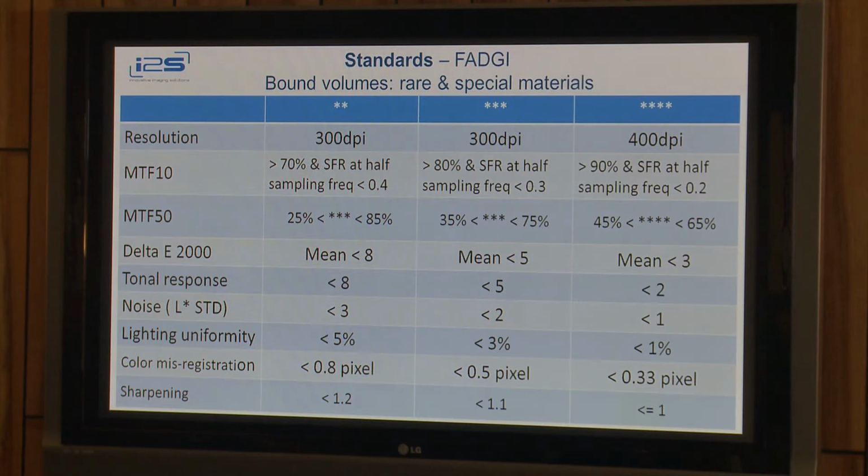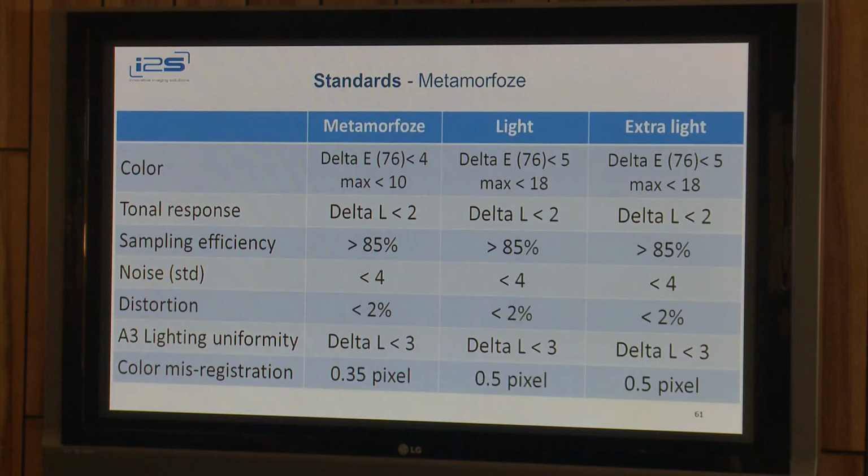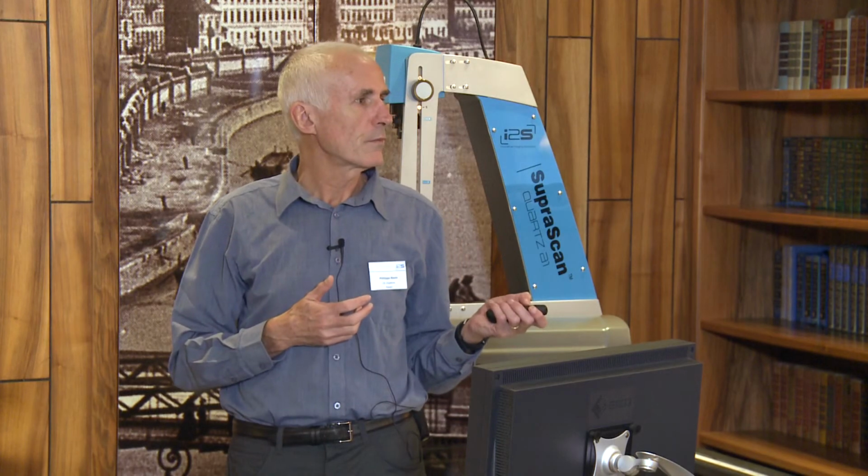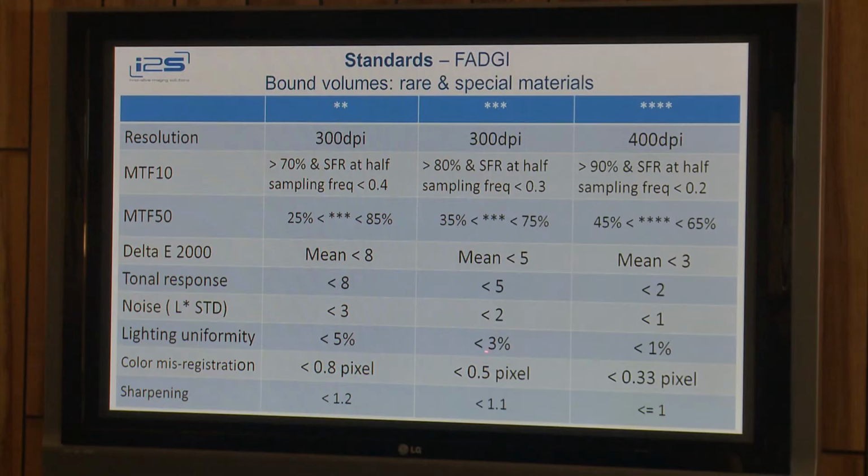Lighting uniformity is in percentage, but Metamorphose was in L-star. L can go from 0 to 100, so 1 L is 1%. So this is like Metamorphose, and this is more difficult to reach, only 1%. The color image registration is a little bit like Metamorphose. And here you have the sharpening: here no overshoot is allowed, here a little bit, and here a little bit more.